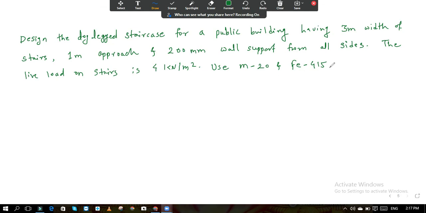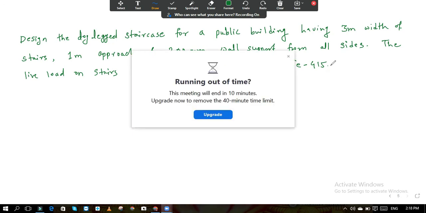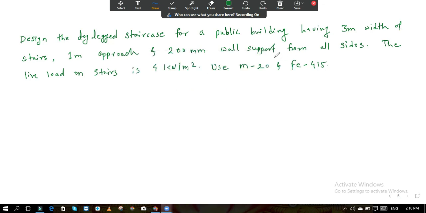This is the given problem. Read it and let me know what you will do. First read it, then try to draw the sketch of what is given so that it will get cleared.